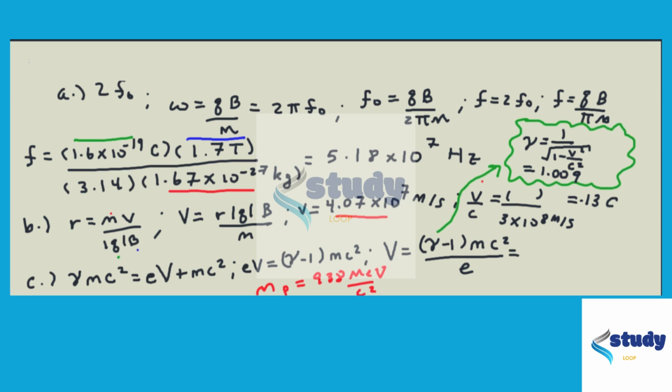We'll leave this all in terms of variables, 1.009 minus 1 times 938 MeV per c squared times c squared, so that's just MeV, divided by E. So the E on the bottom and top cancels. We are left with a potential of 8.4 megavolts.